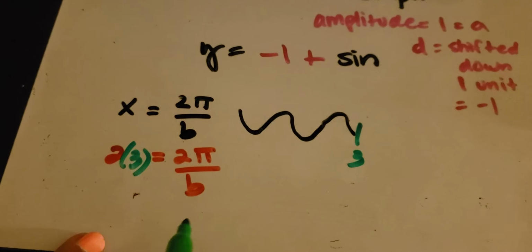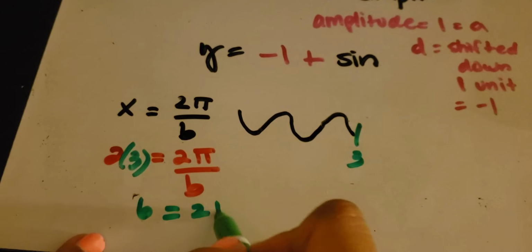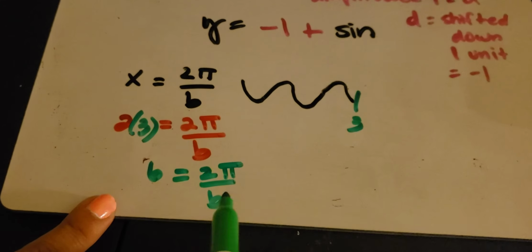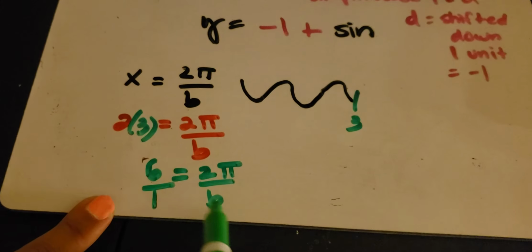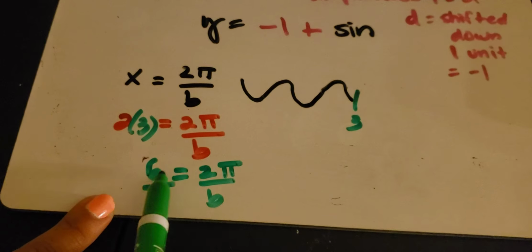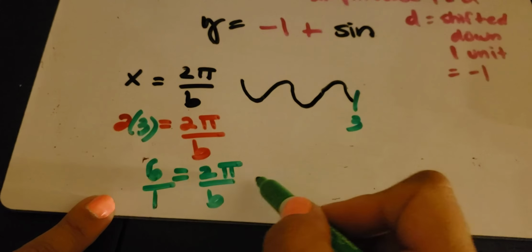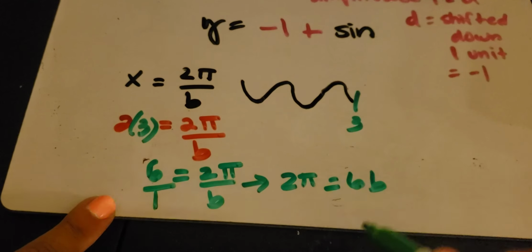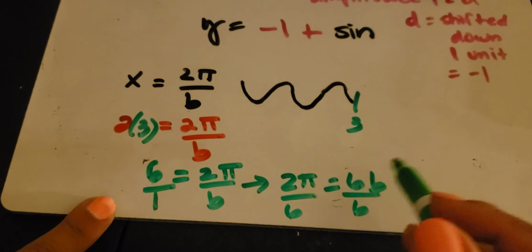So I'm just going to solve for b. So this is 6 equals 2 pi over b. Guys, that's a 6, sorry. You can do one of two things. You can either write a proportion and then cross multiply, or just switch these because ultimately that's what you're doing. So you're going to have 2 pi equals 6b, and then divide by 6.